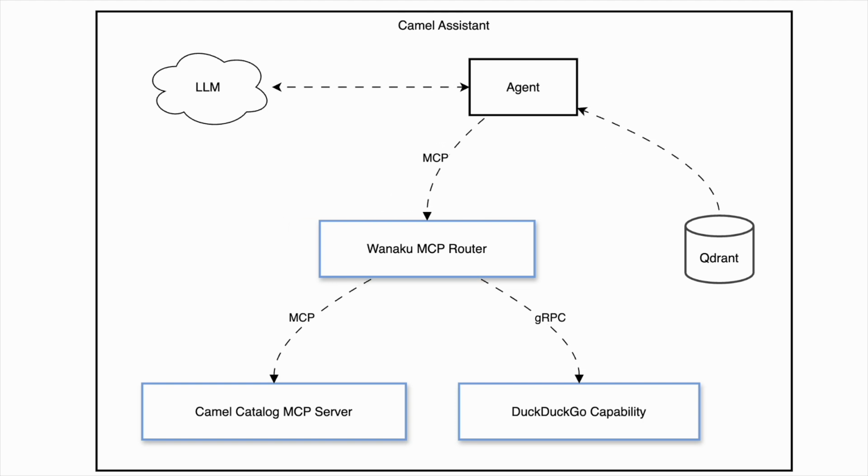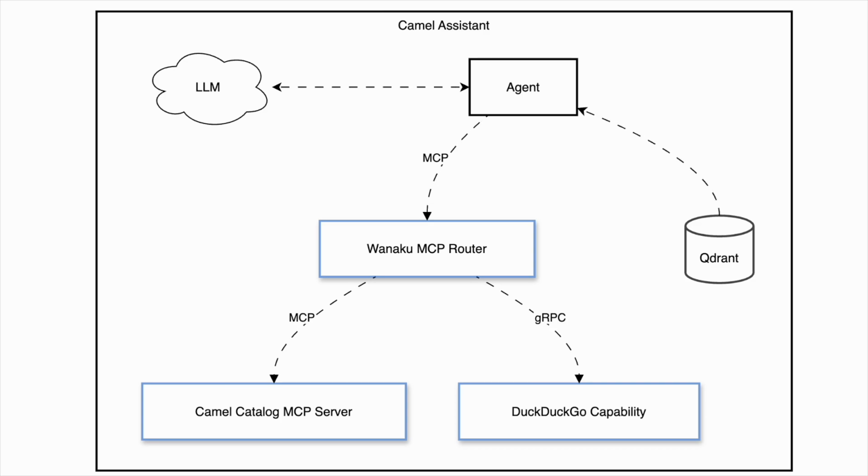Okay, a web search tool is great for general knowledge, but we want our assistant to be an expert on Apache Camel. For that, we need another, even more specialized set of tools. The demo includes another service, a Camel Catalog MCP server. Think of this as a micro expert.